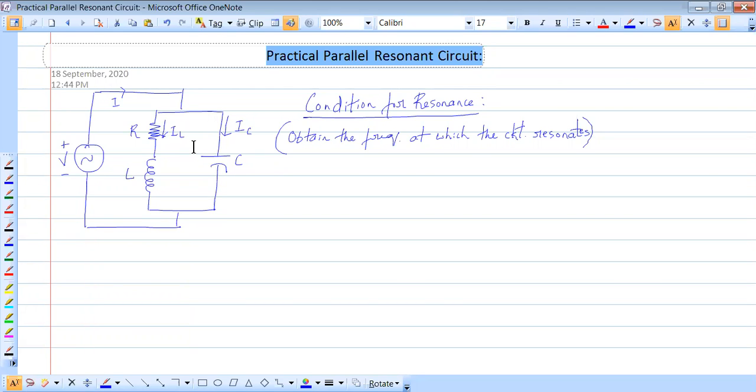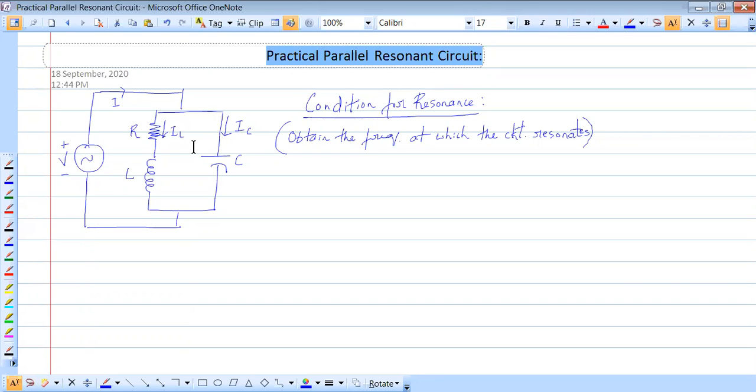Okay, how did we do it in series resonance? Anybody would like to answer that? How did we derive the equation for F naught? Anybody? You can unmute and give me the inputs. Yeah, anybody can go. Nobody wants to take that?